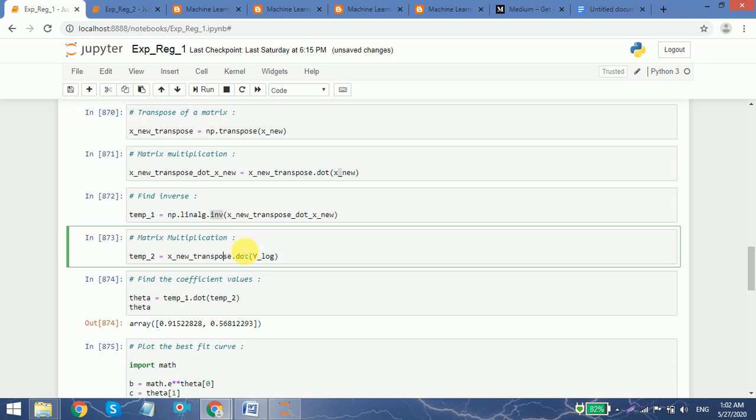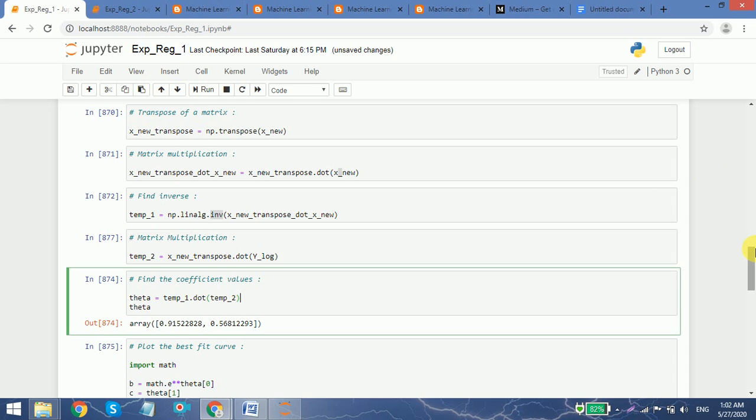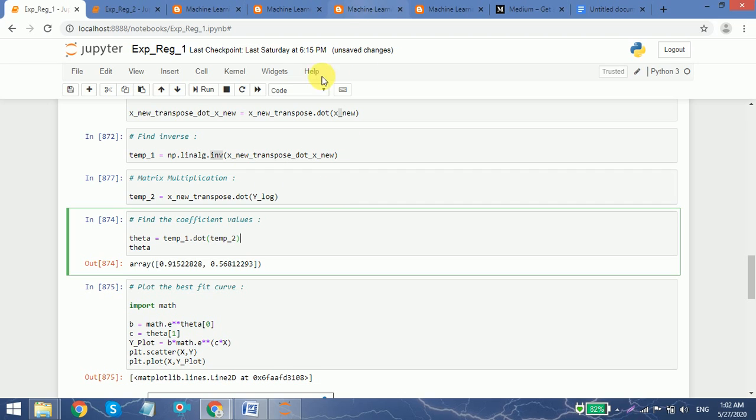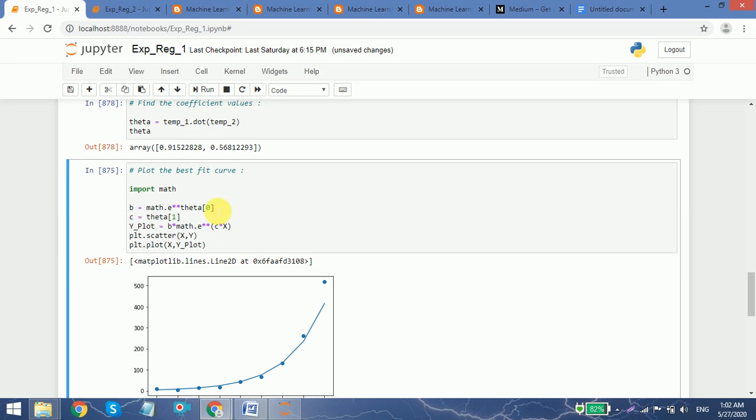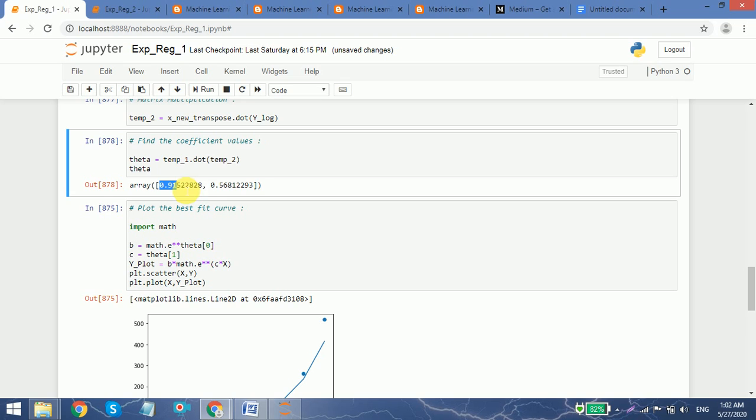So this is our temp1 and this is our temp2. Now what we have is our value of theta: theta equals temp1 dot temp2. These are our coefficients. The first is our value of beta 0 and the second one is our value of beta 1.